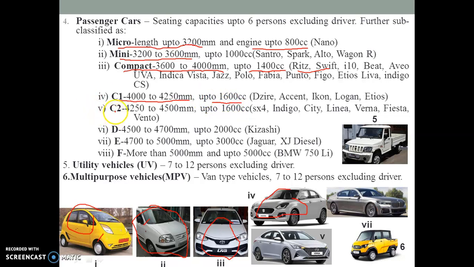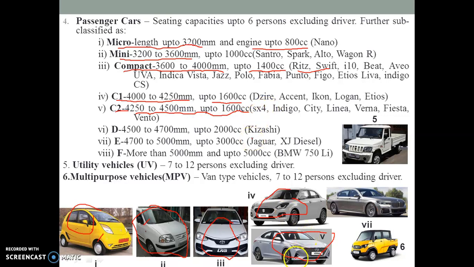And then C2 cars, the fifth number. I have used the picture of Hyundai Verna, which has a length of 4250 to 4500 mm and again capacity up to 1600 cc.